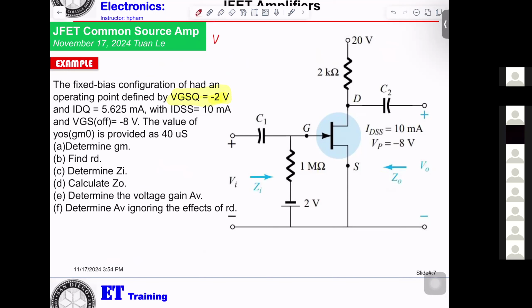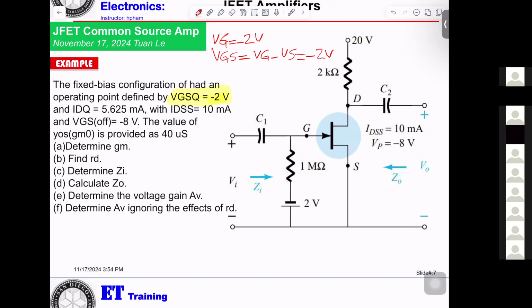We already told you VG equals minus 2 volt. And you know VGS is VG minus VS, and VS equals 0. So that's why VGS equals minus 2 volt. That's what they're talking about, VGSQ.